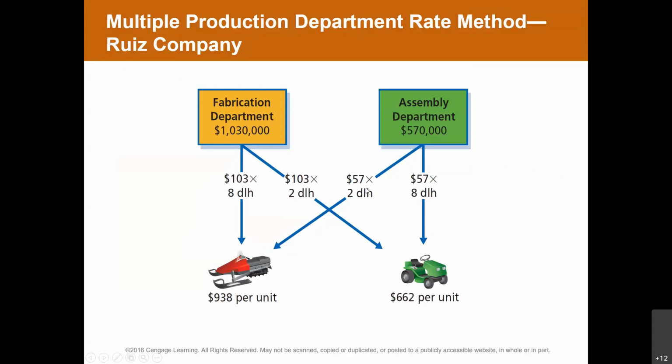In assembly, 2 hours were allocated for the snowmobile and 8 hours were allocated to the lawnmower. This is just a nice pictorial representation of how each department is allocating the respective hours and dollars for each unit.